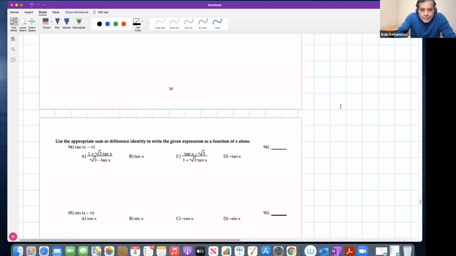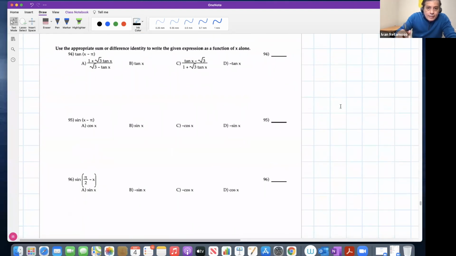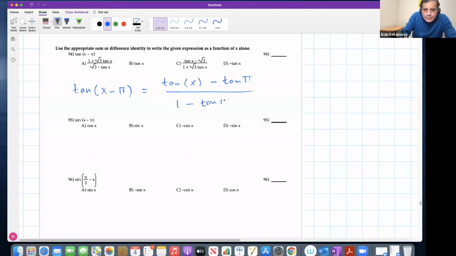Tangent, sine of, yeah, for this guy, let's say if they ask you for tangent of x minus pi, right? Use this formula: tangent of x minus tangent of pi over 1 minus tangent of x, tangent of pi, right?